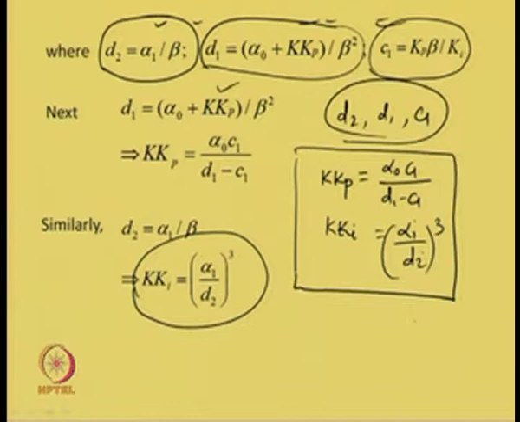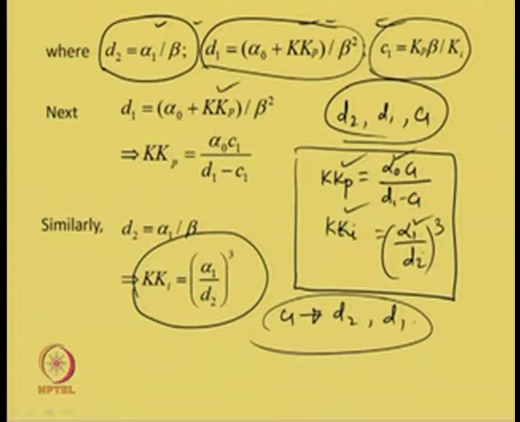So, what is the beauty of obtaining the explicit expressions for the two unknowns Kp and Ki in this explicit form? Since alpha 0 is known, alpha 1 is known, then for any given C1 using the standard form, the standard coefficients D2 and D1 can be obtained.